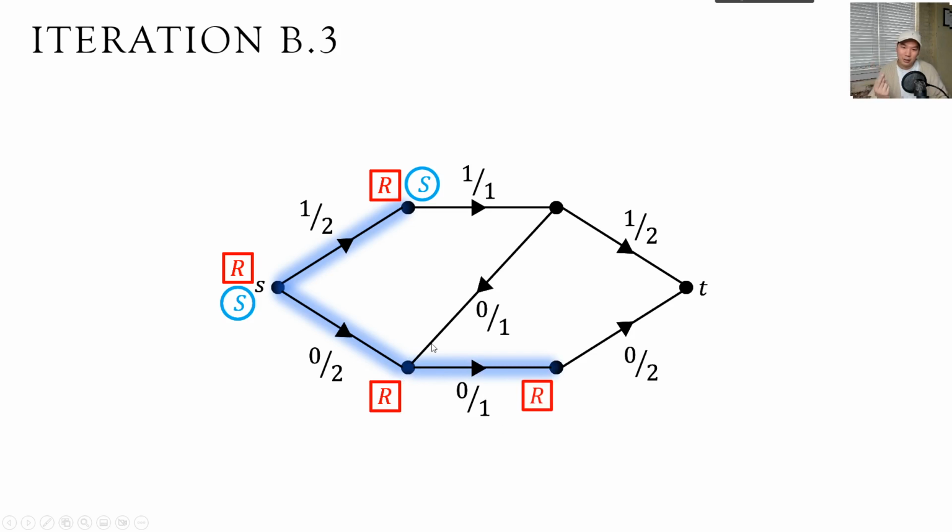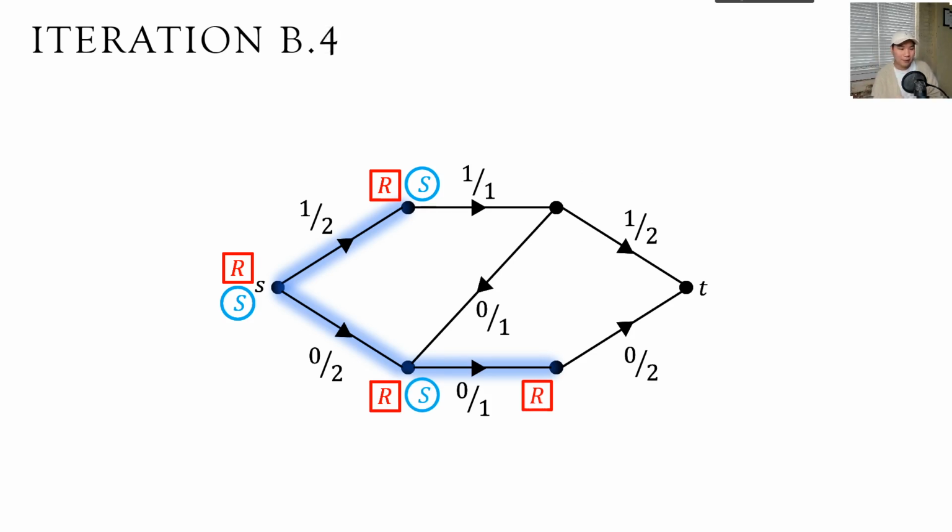We have to check our other condition. For edges entering my vertex, I want to check and make sure that my flow is positive. Well, for this edge that's entering this vertex, the flow is 0, meaning it's not positive. So that means I will not include this edge. I'm not going to reach this other vertex here. So now I only have to explore one edge, meaning that I have searched this vertex. We have completed iteration 3.